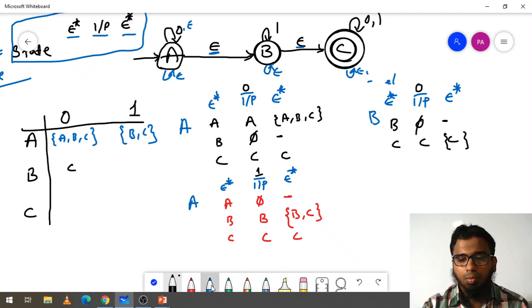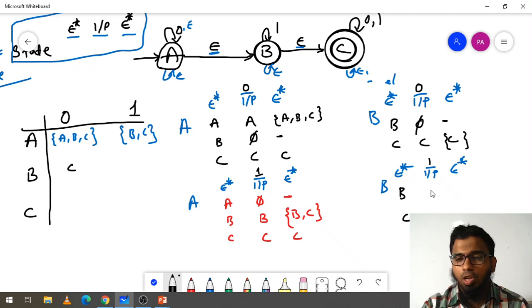Next, the same method I applied here, I am applying again. B epsilon closure, input, what is the input now? Now the input is 1, epsilon closure. So what is the epsilon closure of B? Already we found it, B comma C, because B after taking epsilon is going to C. B on 1, where is it going?